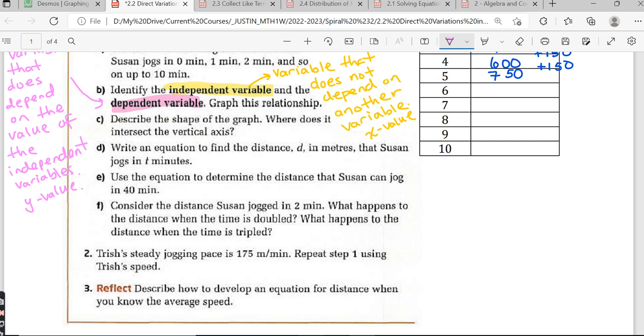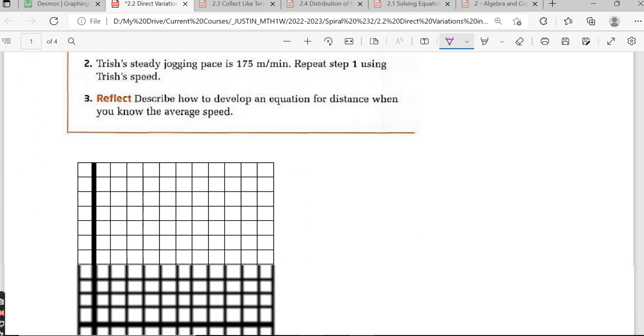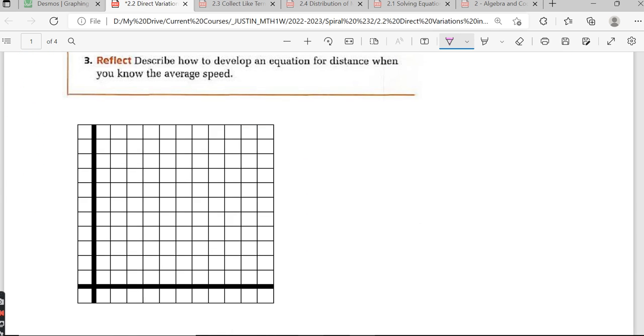So if I just go down here, there's a graph there, and let's just graph this. So independent is typically our x-axis, so our time, okay? This is our independent variable. So time, we had 0, 1, 2, 3, 4, 5, 6, 7, 8.